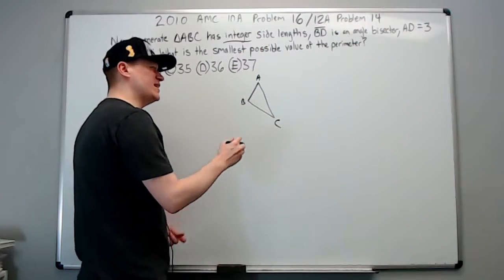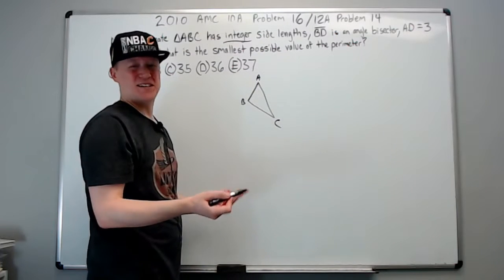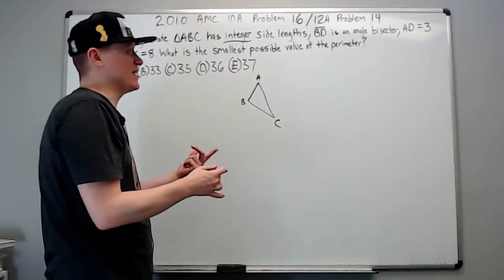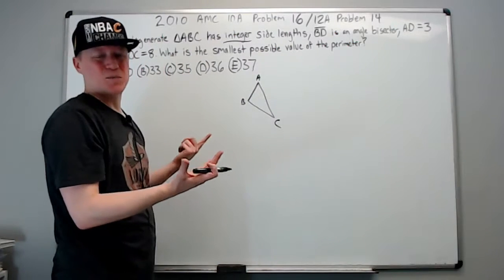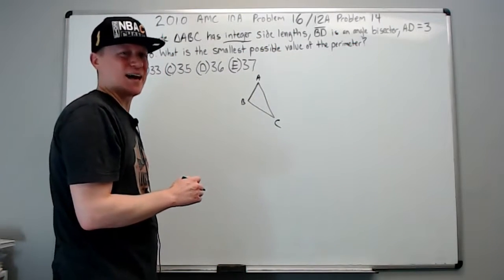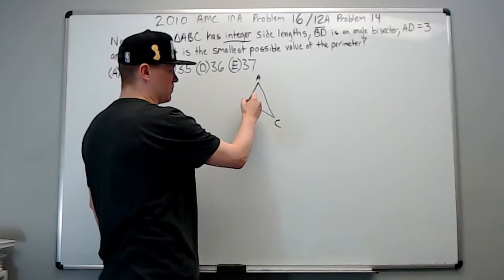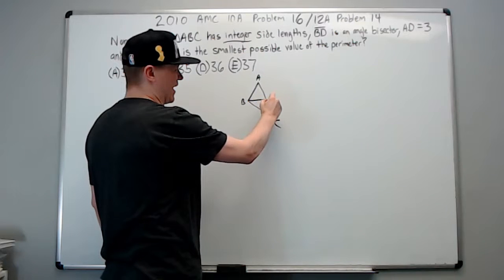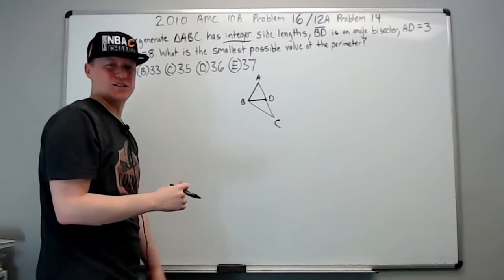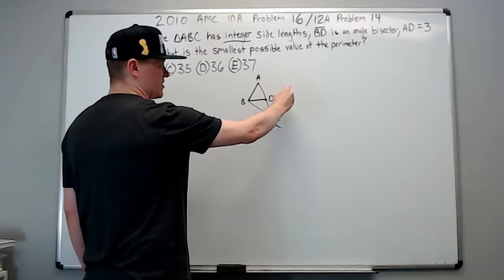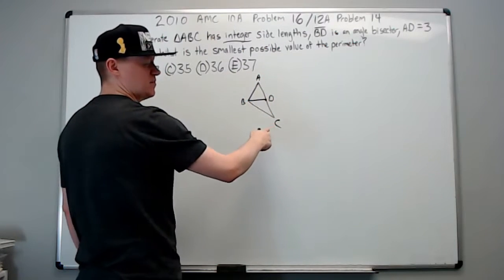And I don't really know that you can solve it if it's not, though. If you try to solve it, I think there's a lot of possibilities, and really, you won't be able to apply the central concept they're getting at. I haven't come up in my mind with the reason why we know that D has to be on AC, but I just kind of assume that it is in order to solve the problem, because if I put it over here and made this 3 and this 8, couldn't AC be shorter?